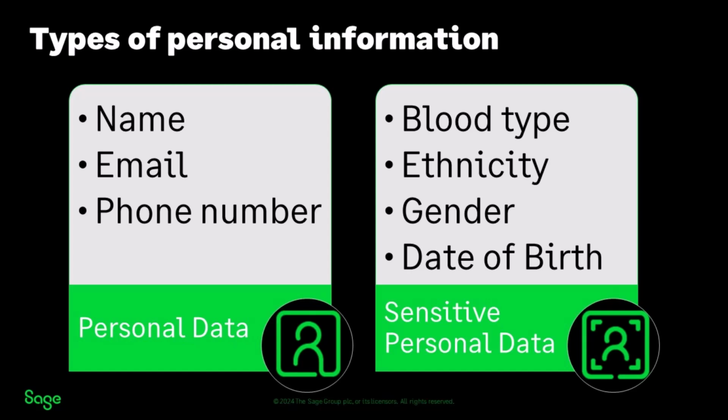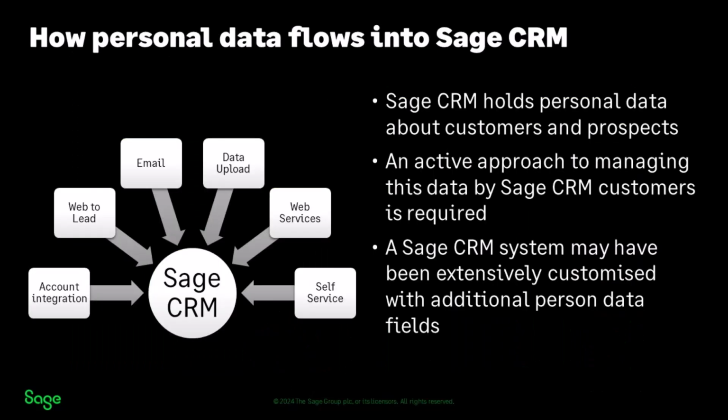Now, Sage CRM is, as I said, not a single silo of data. It sits in systems where you're going to be bringing data from an accounting system, from websites, and catching information that has come in through inquiry forms.